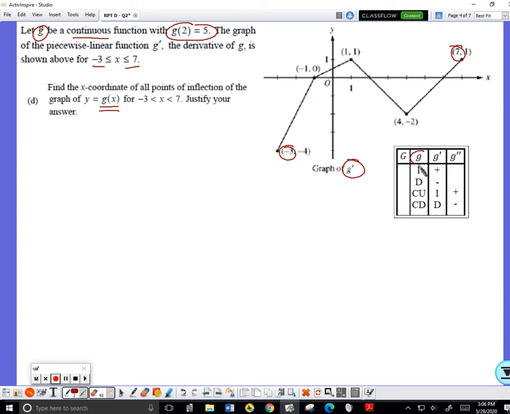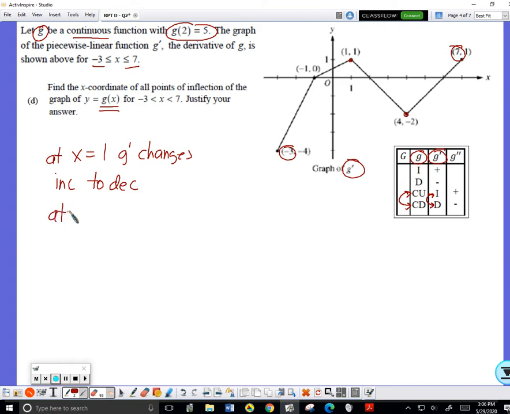So g has a point of inflection when g does this, and we're looking for when g prime does this. Here and here. So we write: at x equals 1, g prime changes from increasing to decreasing.